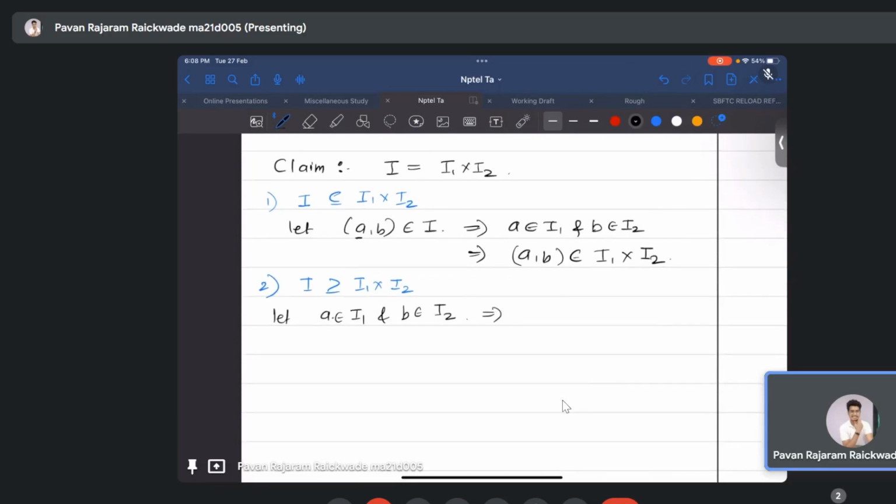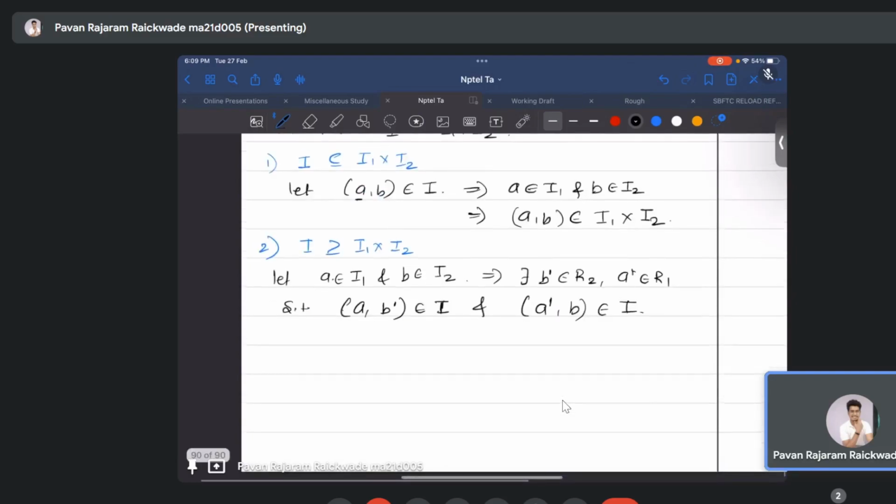So this implies there exist elements B prime belonging to R2 and A prime belonging to R1 such that (A, B prime) is in I by definition of I1, and (A prime, B) is in I. Now what happens is, since I is an ideal, (1, 0), which is a ring element of R1 cross R2, times (A, B prime) should also belong to I, right?